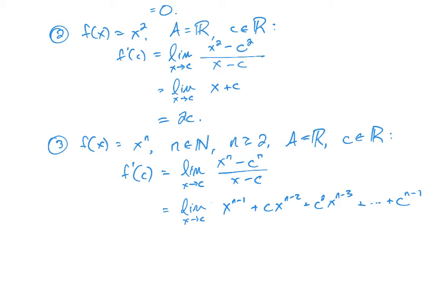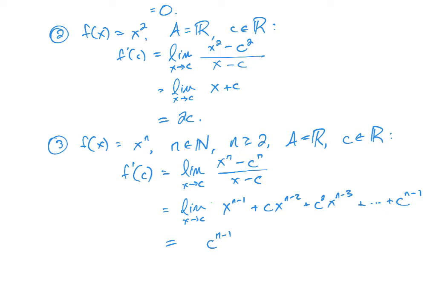Okay. What's the limit? I guess you can cheat because you know the derivative. But notice that each of those terms becomes a c to the n minus 1 in the limit.